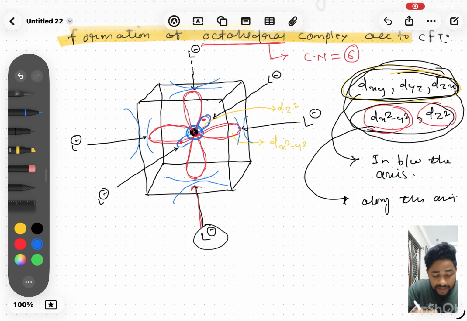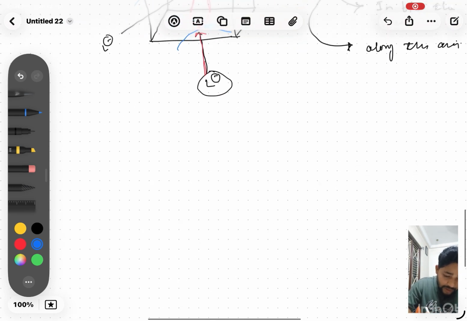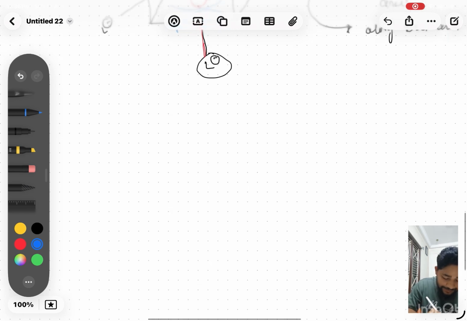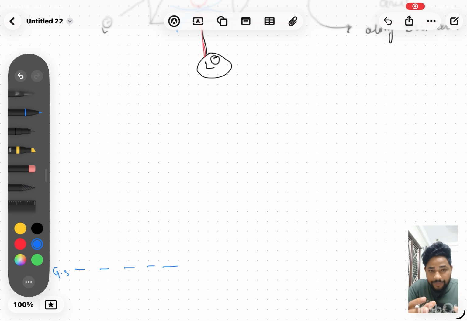Initially these 5 d orbitals are in the ground state. Okay, when the metal's Z effective is high, ligands approach, and the d orbitals get some excitation, that means energy will increase. That is the excited state.